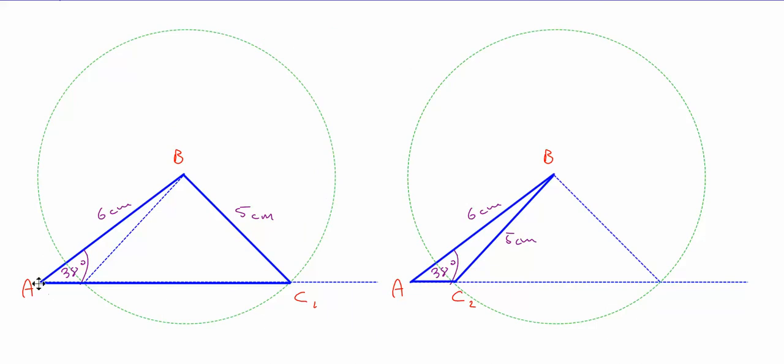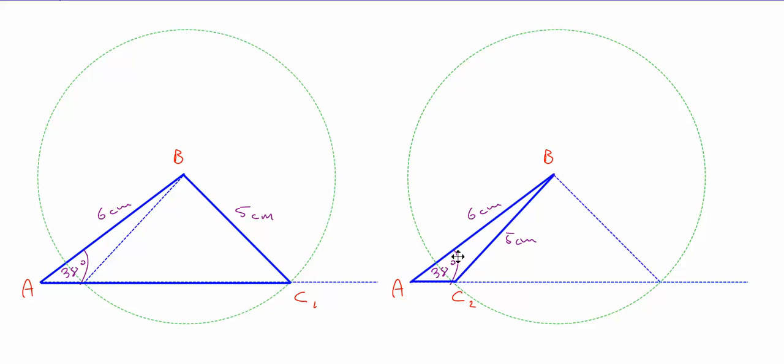So either this first triangle on the left here, where you can see we have AB 6, BC here 5, and the angle A is 38, and so we have here AC1, we have that length, so we have that triangle. Or we could have it in this configuration on the right.